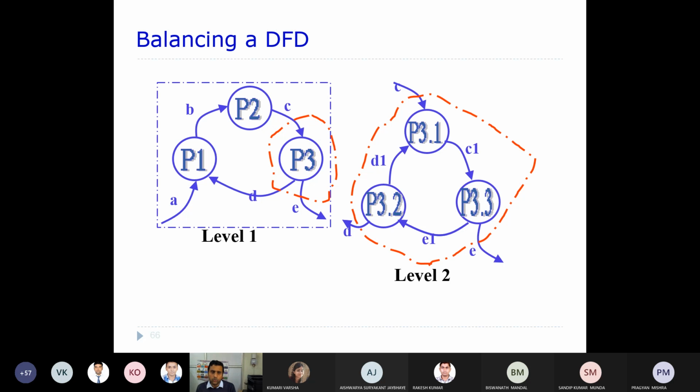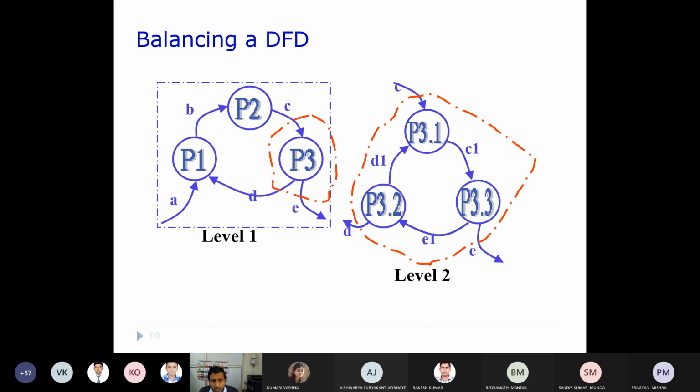So now that decomposition is fine. Inside that you have decomposed those functions and designed them in such a way that they can have different numbers of inputs and outputs.